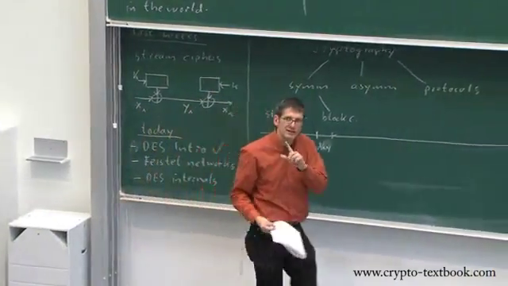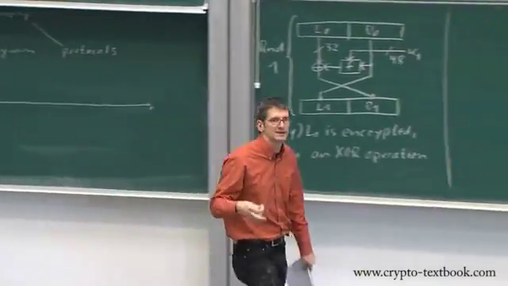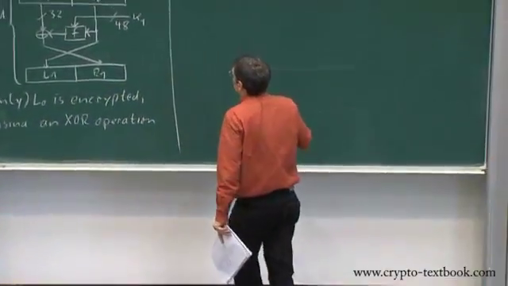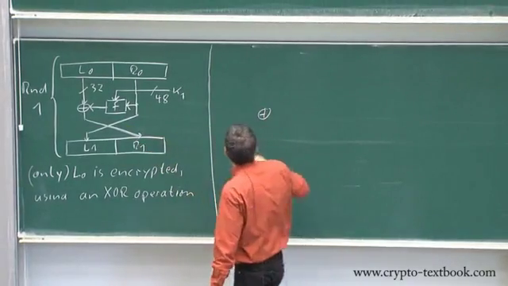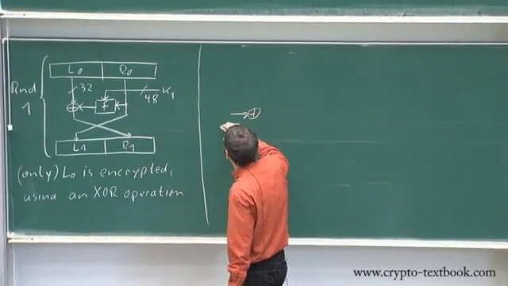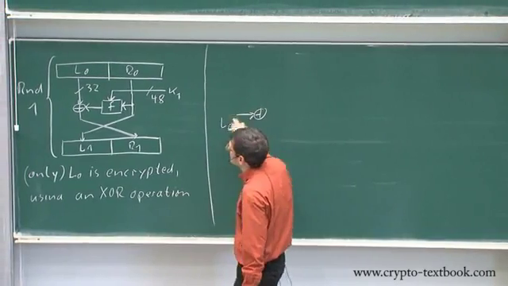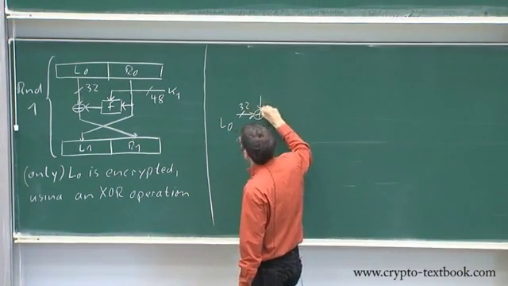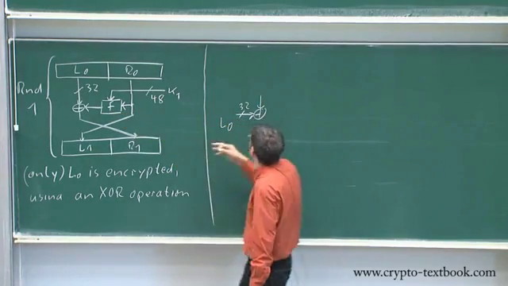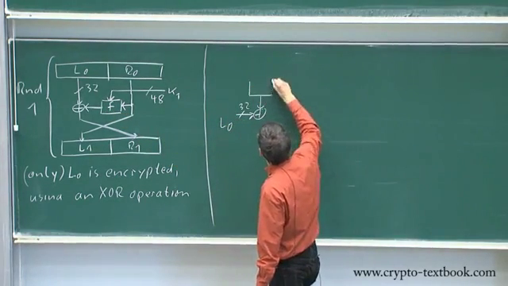And now comes the interesting thing, which really helps you understand DES better. We look only at this part here. So when we rewrite that, we say, okay, here L0 is coming in with 32 bits. Our key stream generator is essentially this F function here.